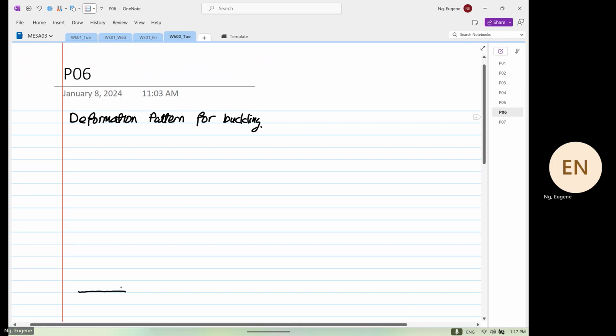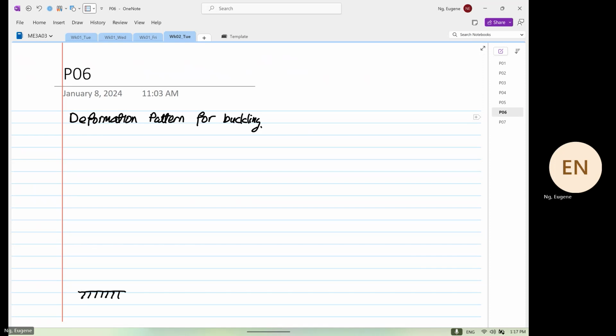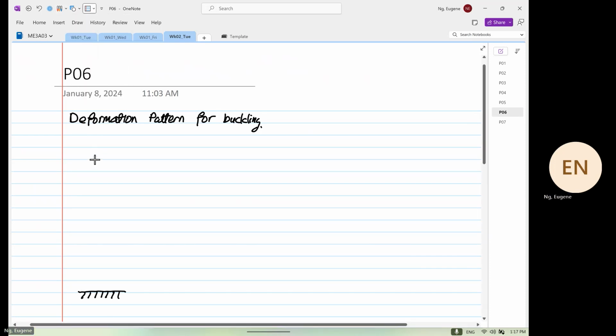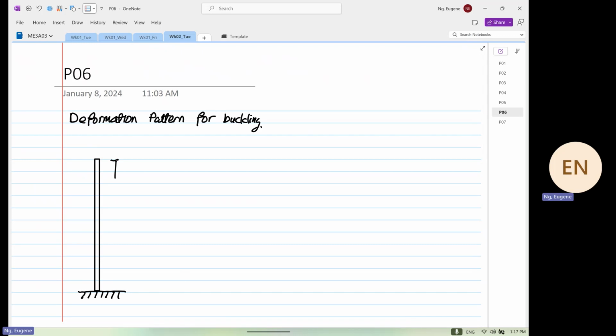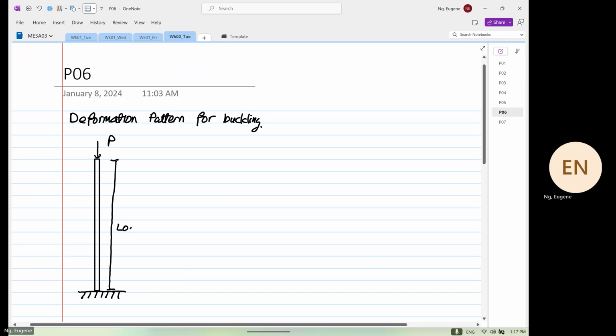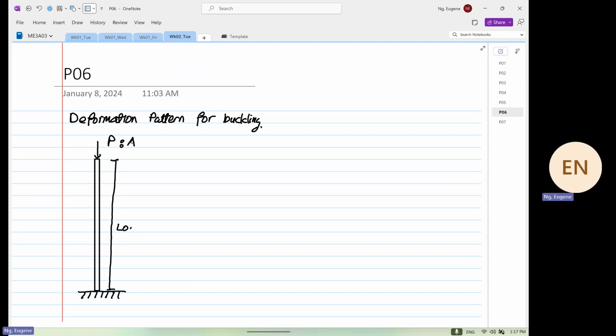So for buckling, now I have a structure over here, and this is our structure and this is our L0 now. And then we have a load over here, P, and P is our axial load.